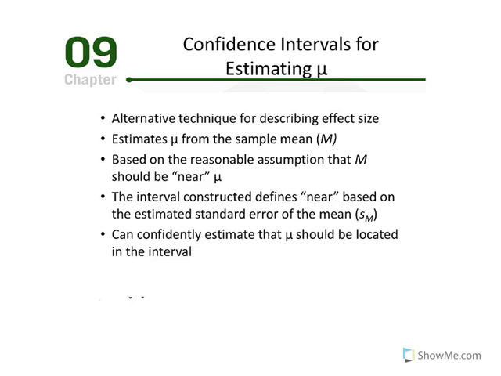And it's based on the reasonable assumption that M, the sample mean, should be close to the population mean. The interval constructor defines near based on the estimated standard error of the mean. And finally, we can confidently estimate that mu should be within that located range of values.